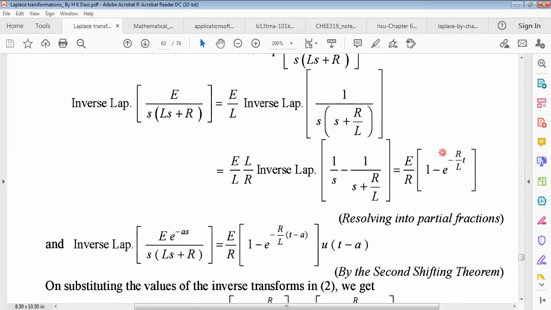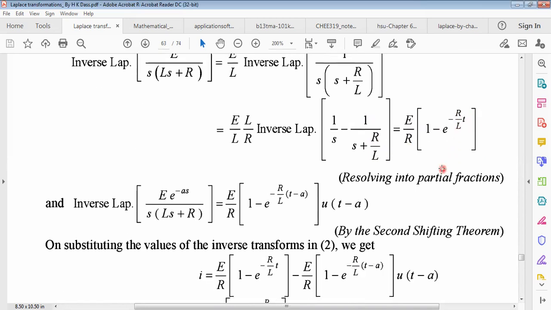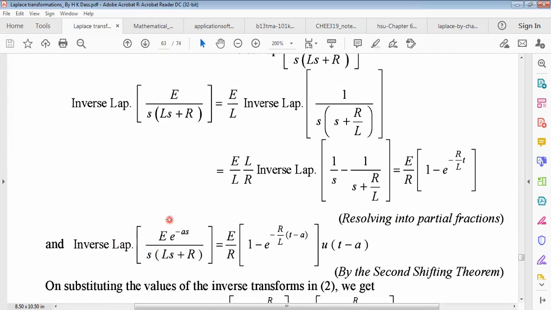Just use the table from the previous lecture on how to find the Laplace transformation of basic functions and the inverse Laplace transformation of basic functions, or use the table. Okay, you get this result. 1 minus 1 by s plus a, a means R by L, so the e to the power minus at formula. Now resolving into partial fractions, we get this one. Remember it.